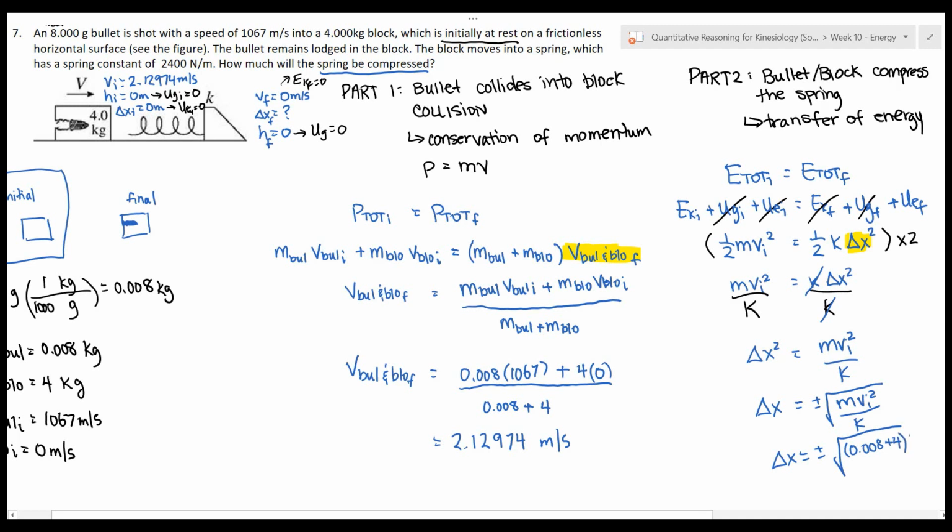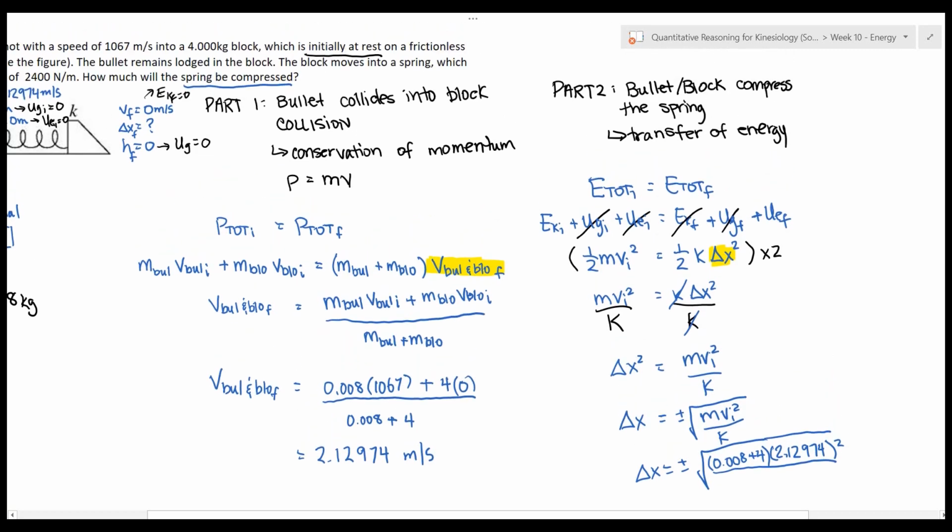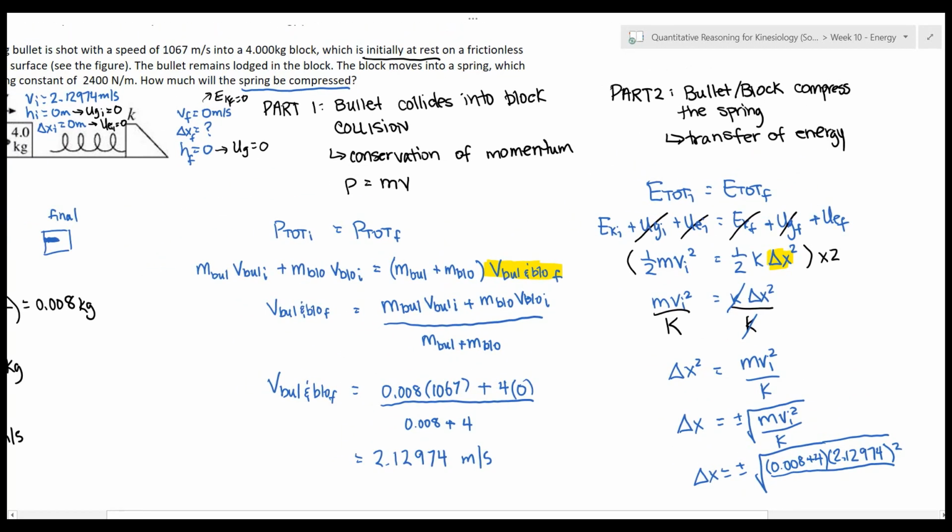V initial was that 2.12974, squared, divided by k, which is the spring constant of the spring, which should be given in the question. It's 2,400 newtons per meter.